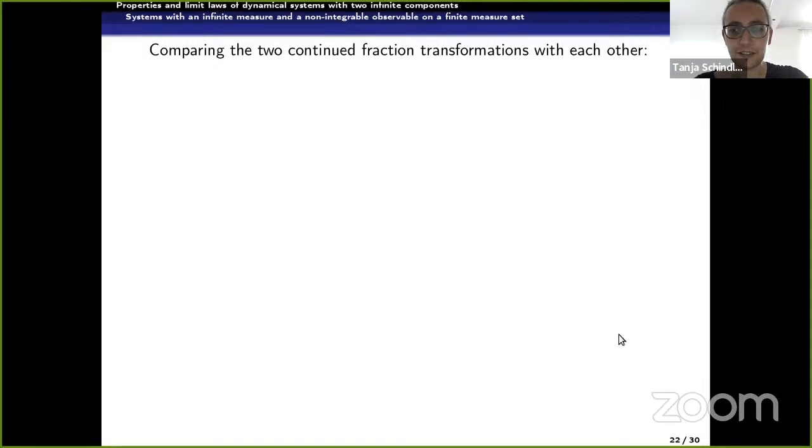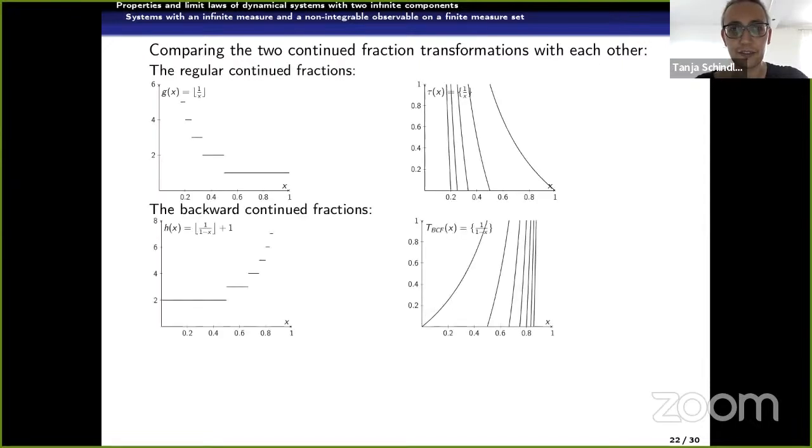And well, just to say something about some comparison with the regular continued fraction entries, to see why these continued fraction entries are actually called backwards continued fraction.